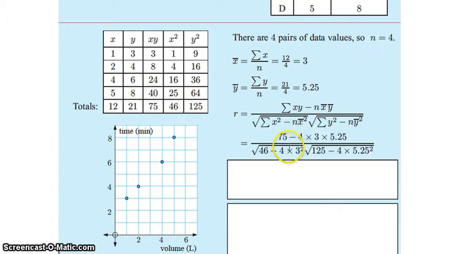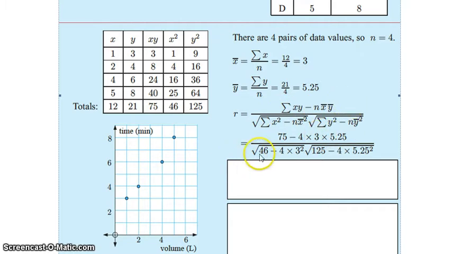So we've got the sum of xy. Well, the sum of xy is 75, right there. Take away 4, n times x bar times y bar. So there's your numerator done.